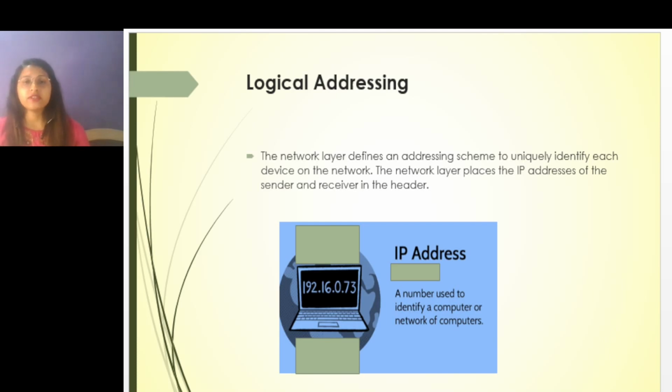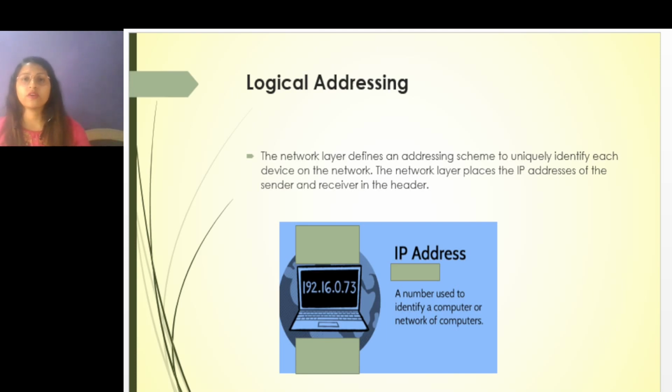Such addresses help to uniquely identify the devices universally. The header contains the network ID and the host ID, which describe to which device, to which network, the packets need to be delivered.